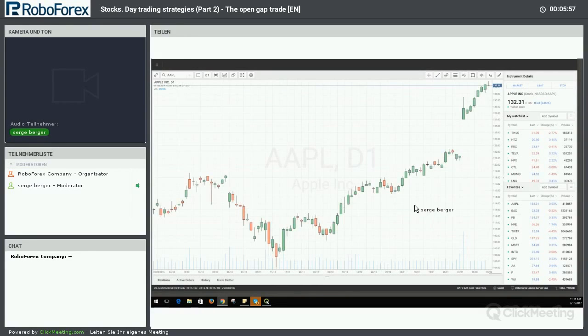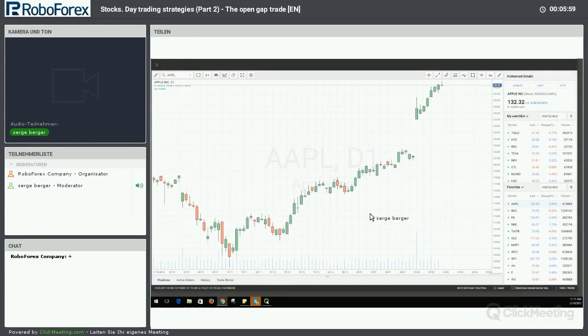Okay. So when we look at these gaps, just quickly before we look at it more, the most important thing here is to understand that they are important to respect on the chart. What does that mean? Well, what that means is that when you have a gap take place on a chart, you have an important and significant action on the chart that needs to be respected.